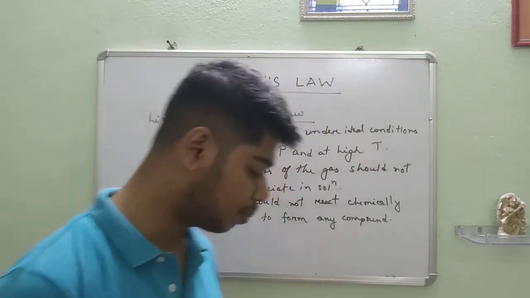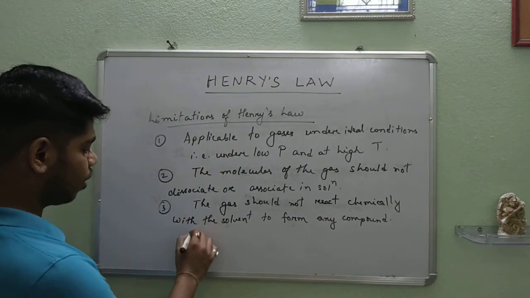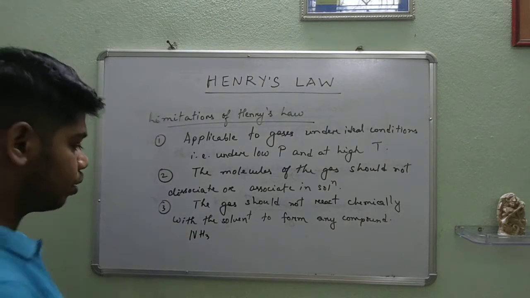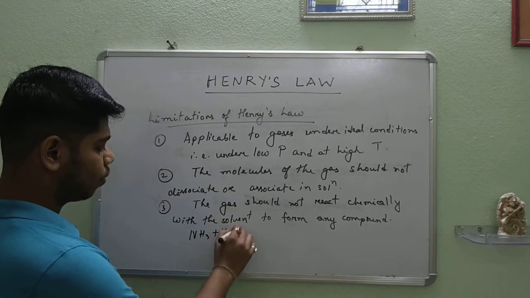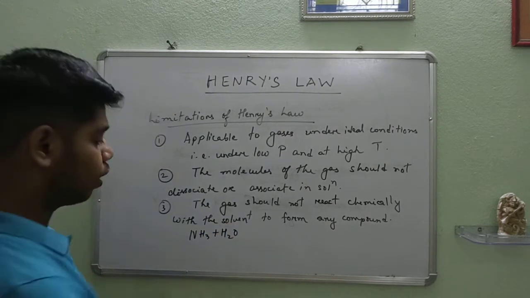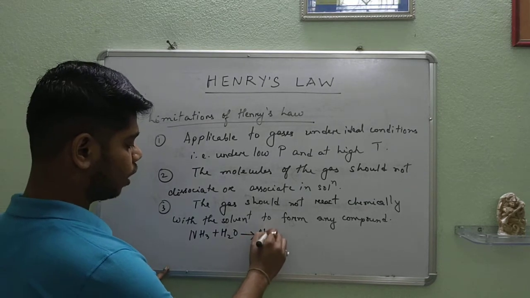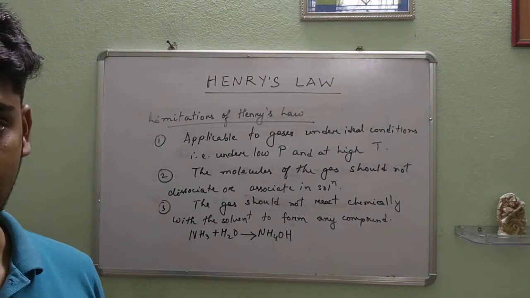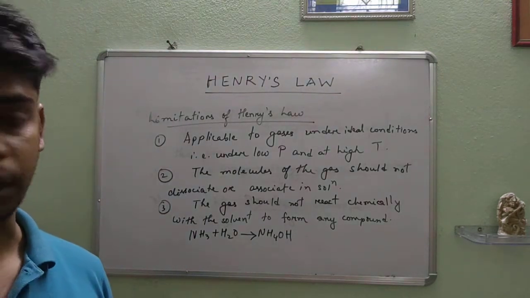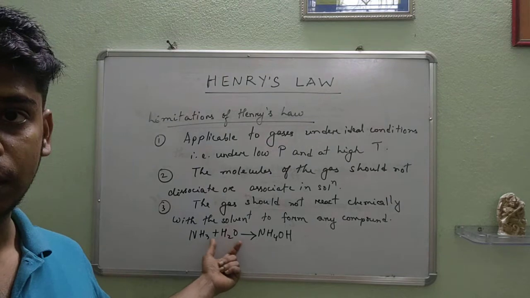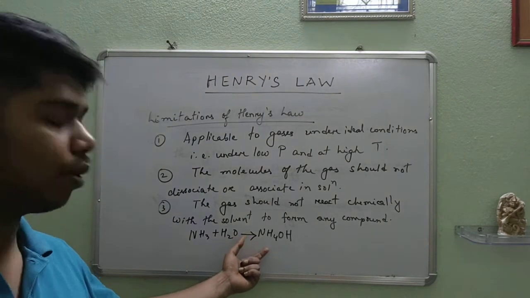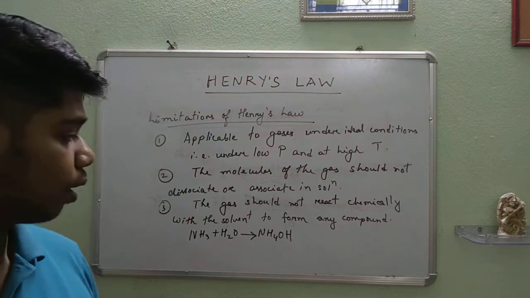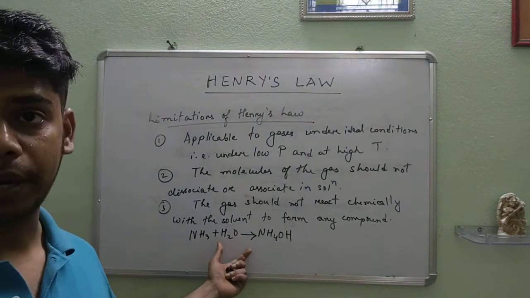For example, take ammonia, NH3. Ammonia is a gas, and when it is dissolved in water, H2O, it forms NH4OH, ammonium hydroxide. So it is reacting chemically, and we cannot apply Henry's law to this gas.